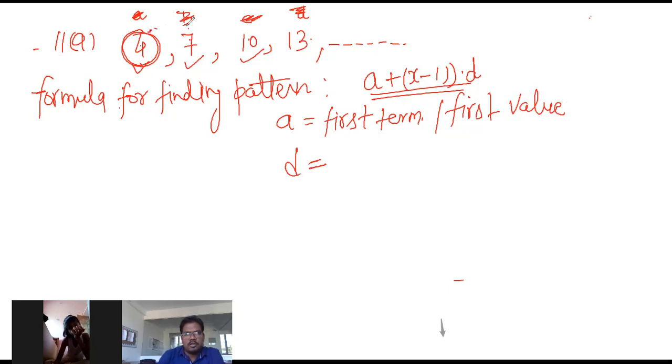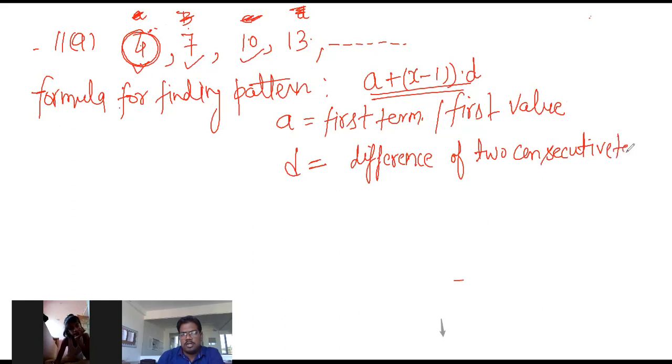Difference means, suppose you are talking about the difference of two consecutive terms.